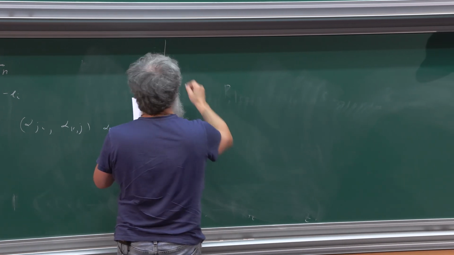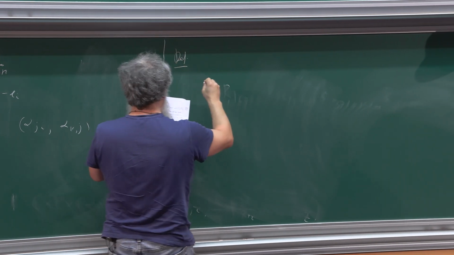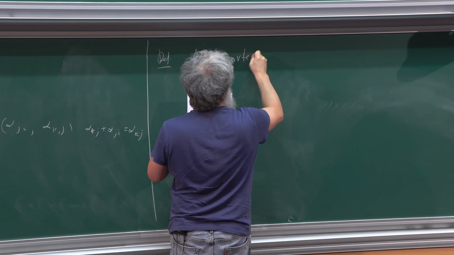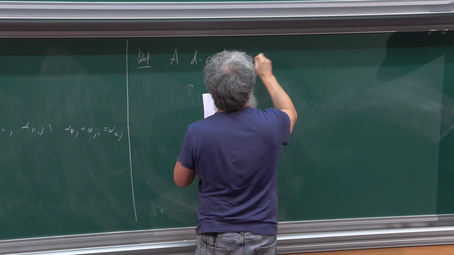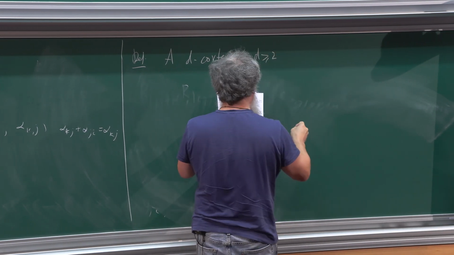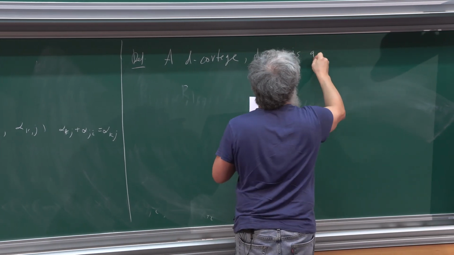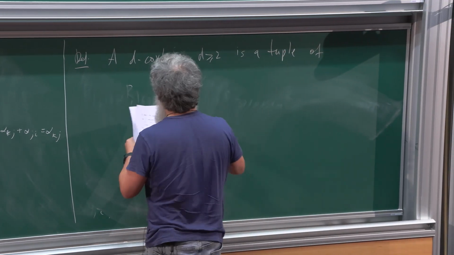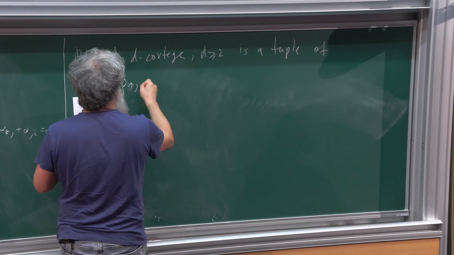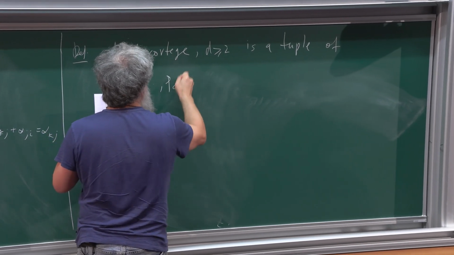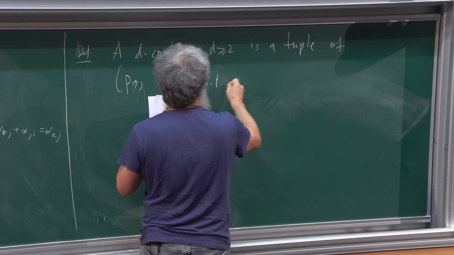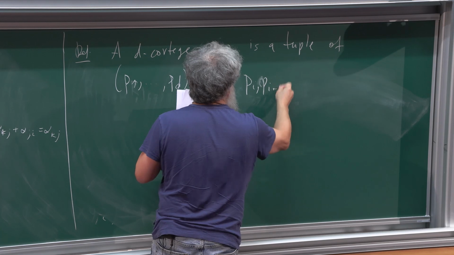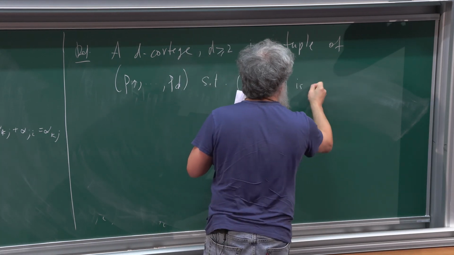And now we define, definition: a d-Cartège, with d greater than or equal to 2, is a tuple of d paths P1, ..., Pd such that Pi and Pi plus 1 is a tandem.